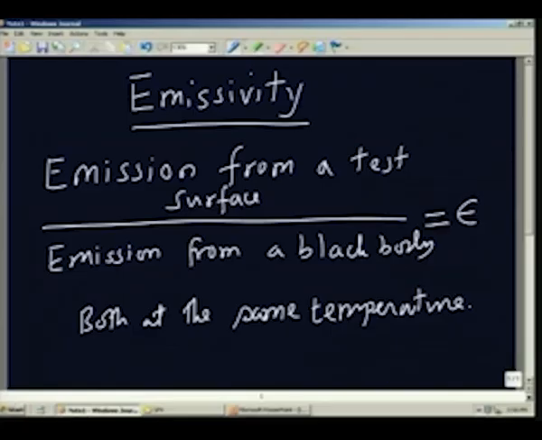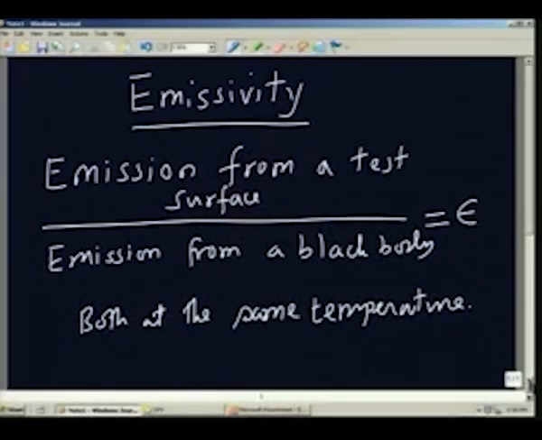We have already seen when we were discussing pyrometry that emissivity plays an important role in the measurement of temperature using a pyrometer, because there again we were doing exactly the same thing. We are comparing the radiation coming from the test object whose temperature I want to measure, with a standard lamp whose temperature is known, or whose current I vary such that its temperature can be altered, and we were measuring what was called the brightness temperature. So, just to recapitulate, we remember the idea of brightness temperature.